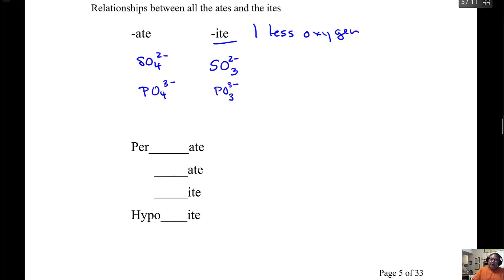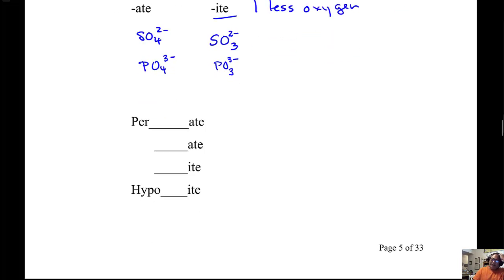Now, it's a little bit more complicated with several of the elements, okay? So, for example, this is chlorate, ClO3 minus. And chlorite would be what? ClO2 minus.